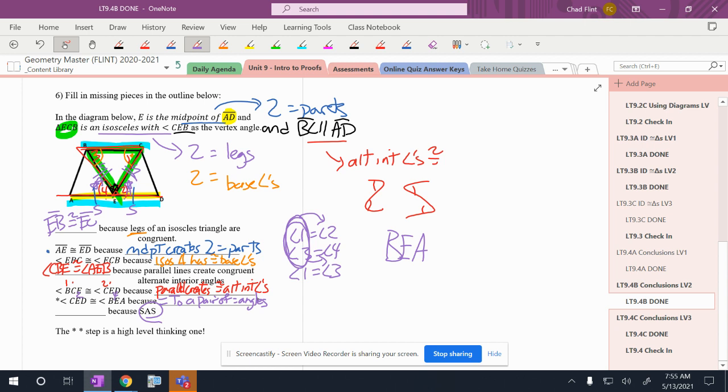E definitely matches up because those angles are the same. And then BE matches up with CE from the marks. So BE, CE. And then AE matches up with DE again from the marks. So AE, DE. So there's my triangles. So triangle BEA congruent to triangle CED.